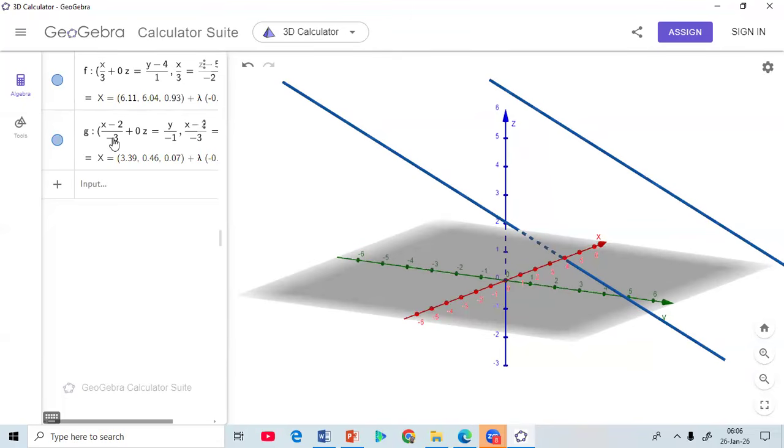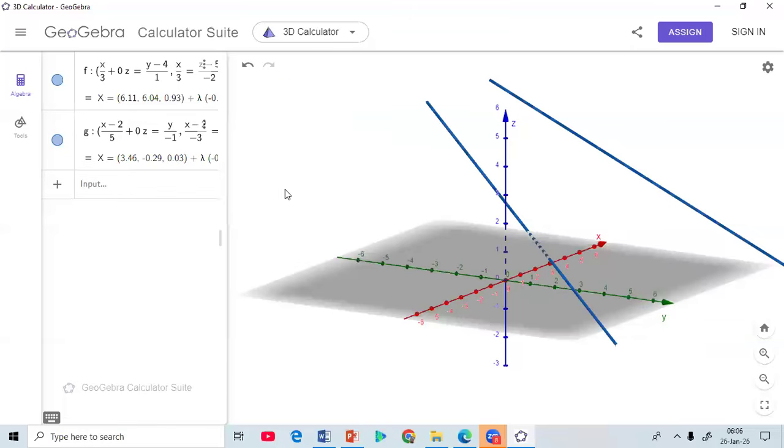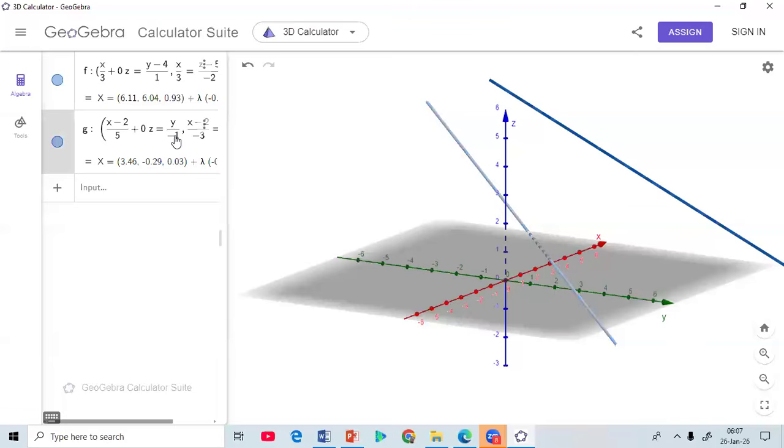When I change a point, you'll see the difference. Let me say I put here 5. When you check them now, you notice that the nature of the lines has changed. Let me see whether I can change another thing here.